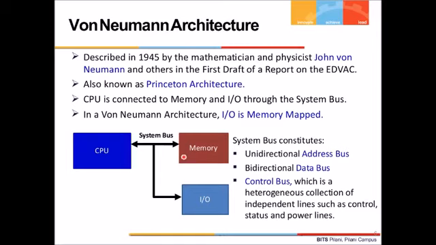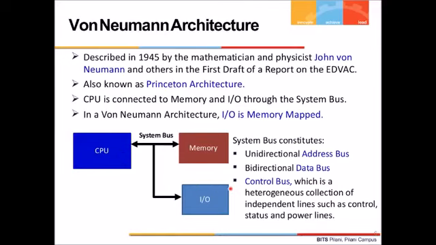Then why is data bidirectional? Because sometimes the CPU will try to read the data, sometimes the CPU will try to write the data. When the CPU writes, the data will flow from CPU to memory. When the CPU reads, the data will flow from memory to CPU. So that's why the data bus should be bidirectional. And of course you need a control bus.